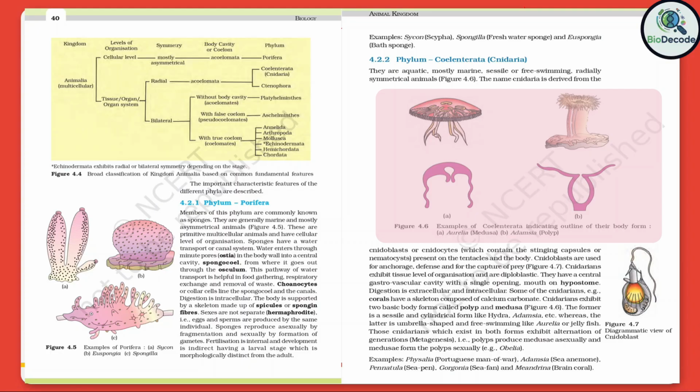Tentacles hang downward, equipped with cnidoblasts, specialized stinging cells for prey capture and defense. Polyp Adamsia is a cylindrical, sessile form attached to substrates like rocks or shells. Adamsia, the sea anemone, displays a mutualistic association with hermit crabs, gaining mobility while offering protection to its host.